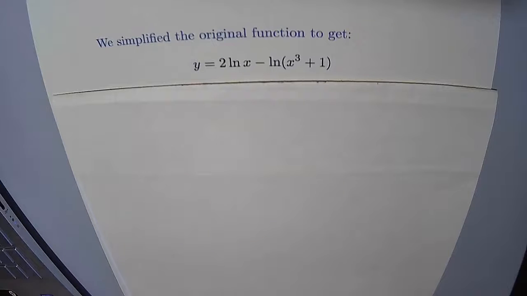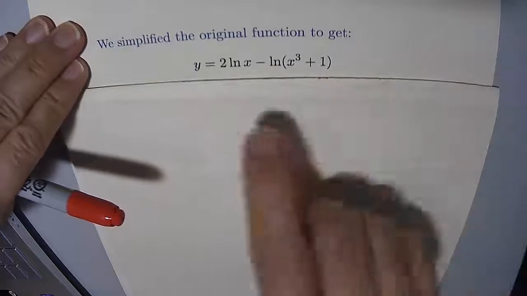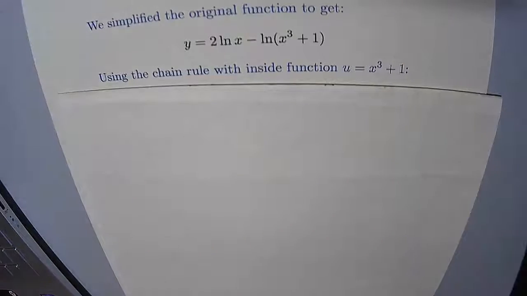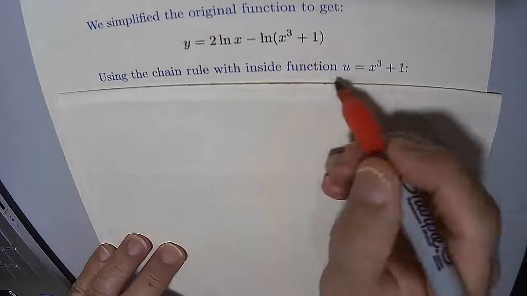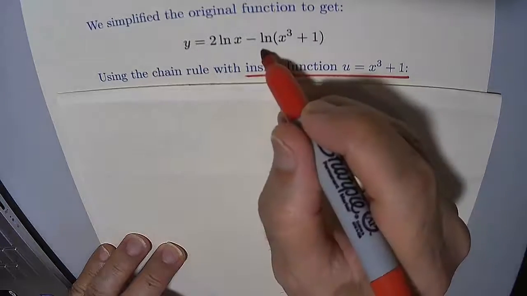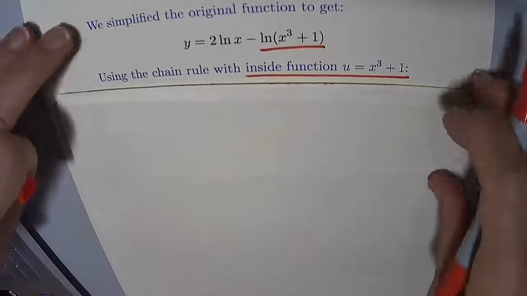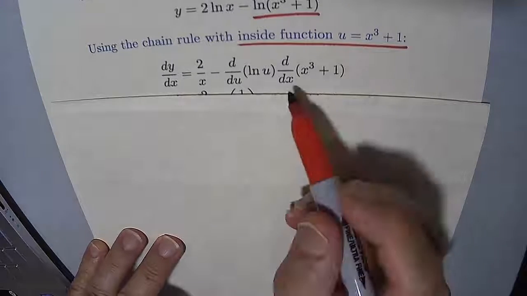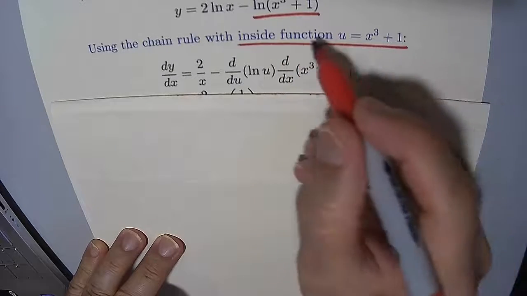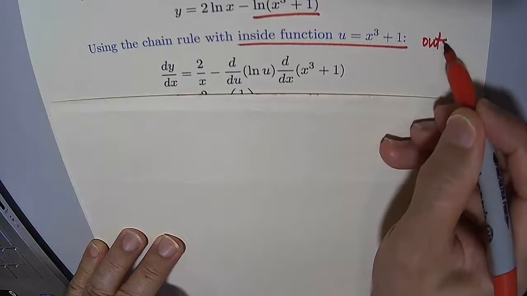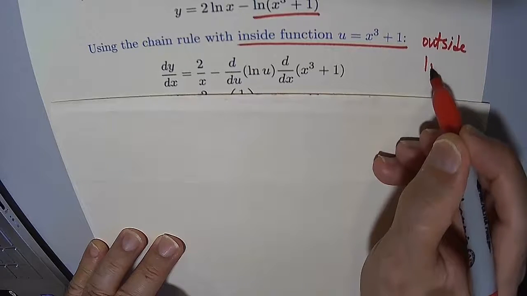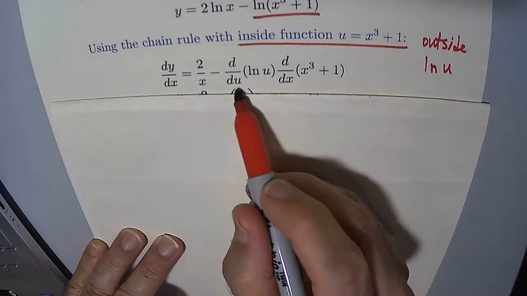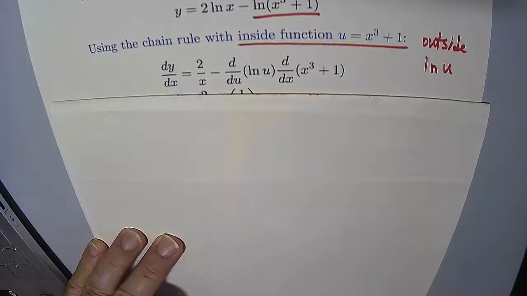Okay, now that we have the simpler problem, let's take the derivative. The first function doesn't even need the chain rule, but the second function has an inside function, for ln of x cubed plus 1. So let's use the chain rule on that. The outside is ln of u. So derivative of the outside times the derivative of the inside.